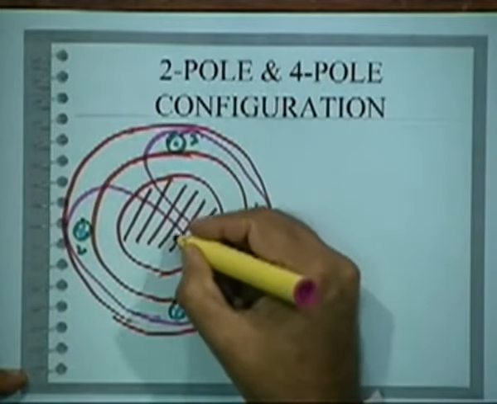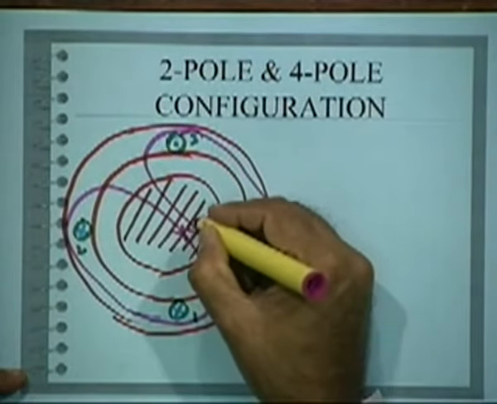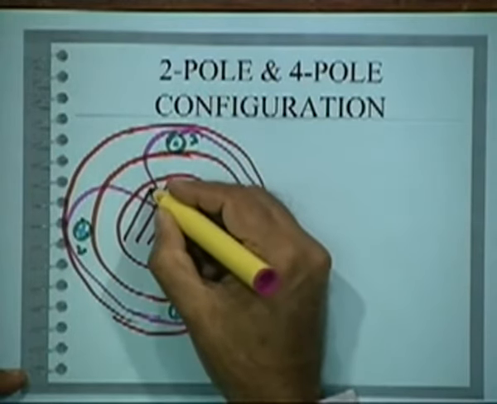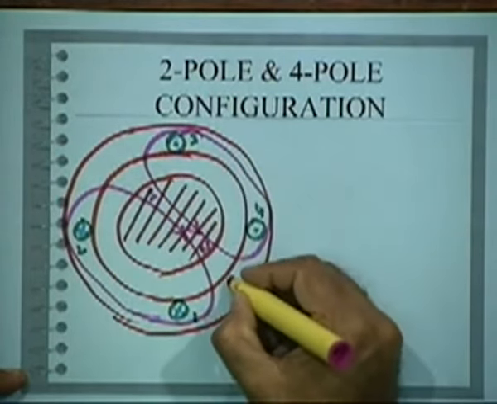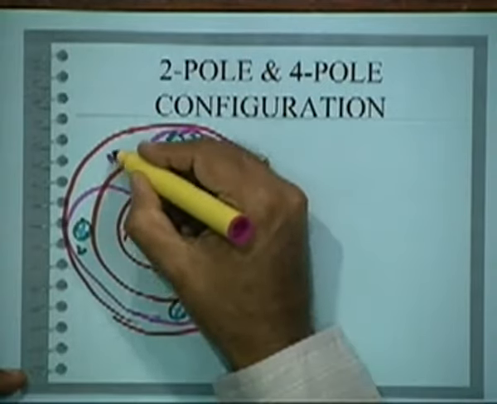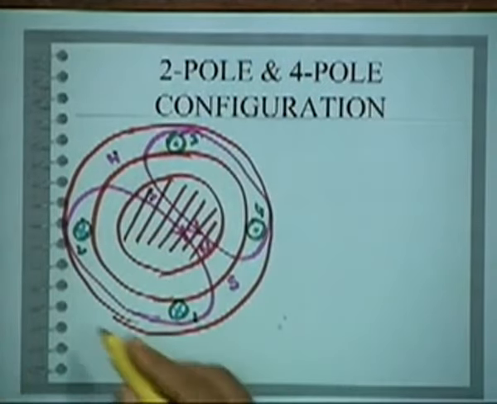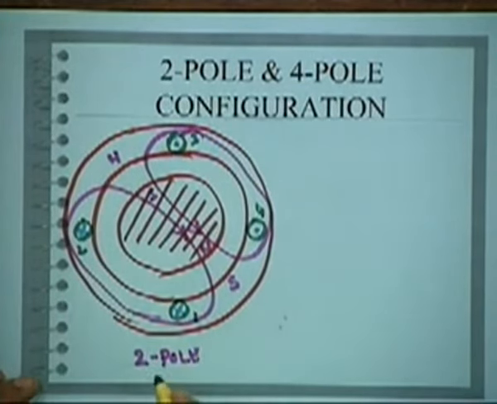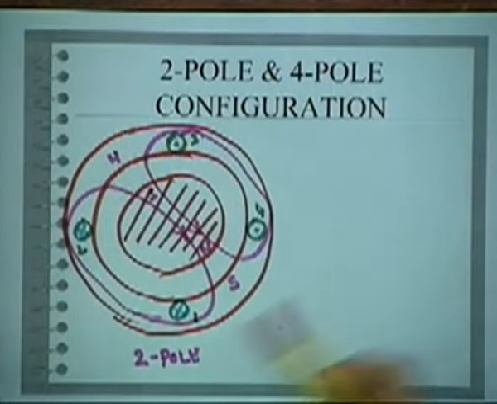So if you make flux lines like this, this becomes north pole, this becomes south pole, or this becomes south pole, this becomes north pole, right. So this is a two pole arrangement. Now you reverse one of the combinations, right. Now please redraw it again.